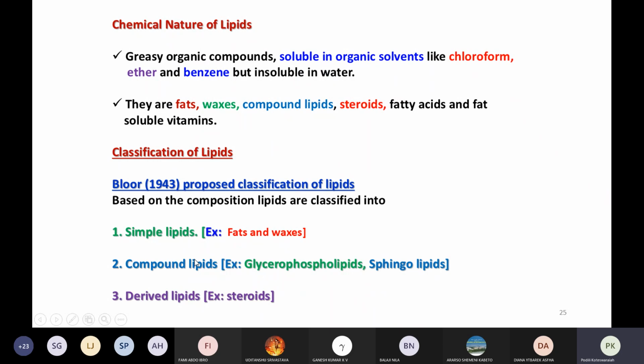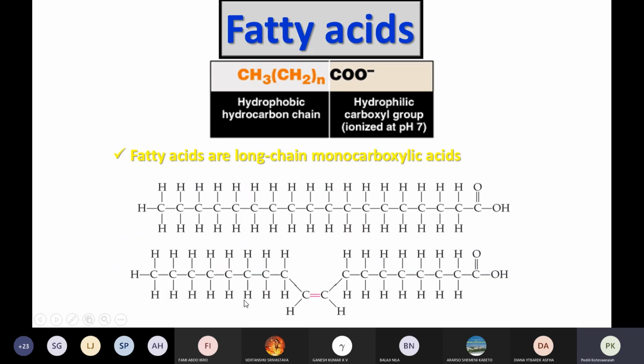So, since all the lipids are the esters of fatty acids and glycerol and other nitrogen containing compounds, in order to understand the classification of lipids, first we need to understand the fatty acids. So we know that fatty acids are the long chain monocarboxylic acids.